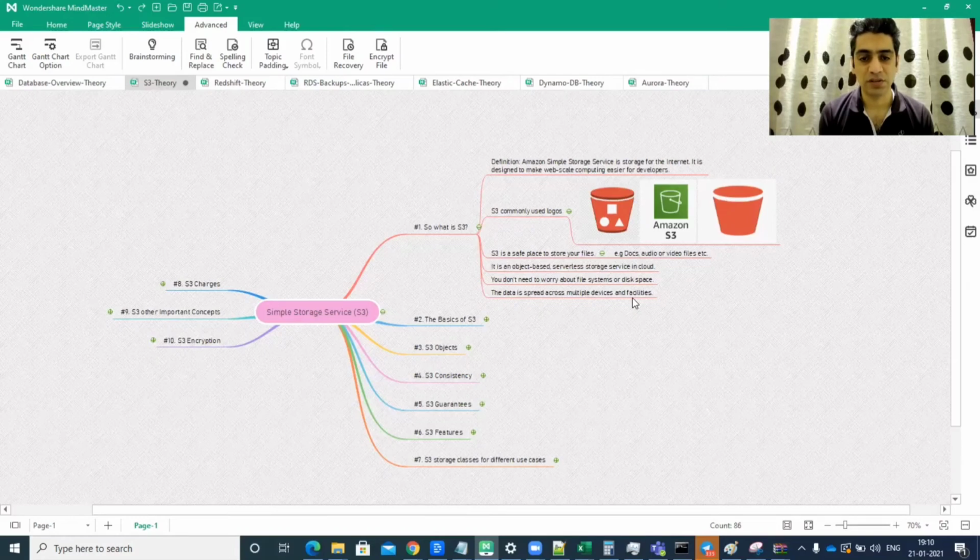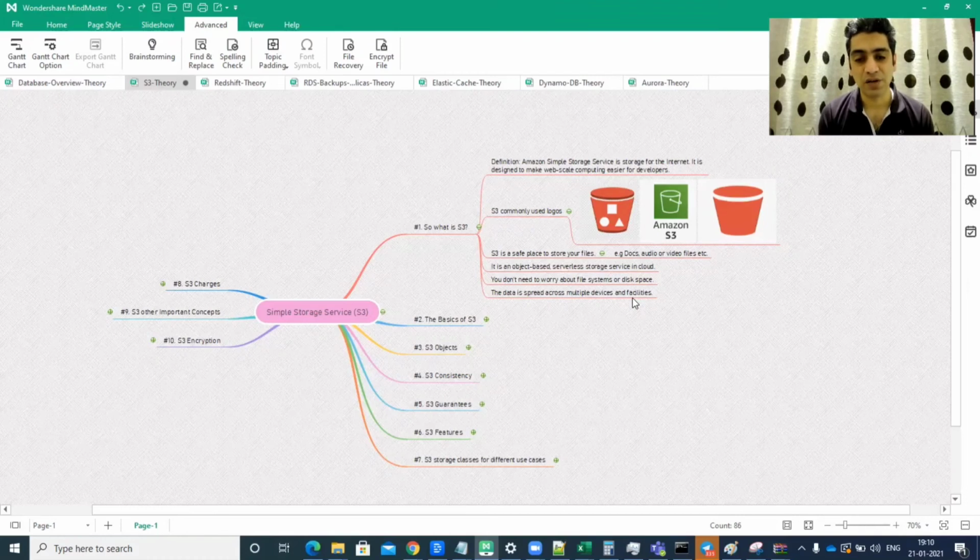That means you have the original copy in one availability zone, and it's also copied on two more availability zones. Now one availability zone has several data centers, two or more. So you can think of your one S3 copy as being spread across more than two or three physical data centers, when I say three availability zones, right?